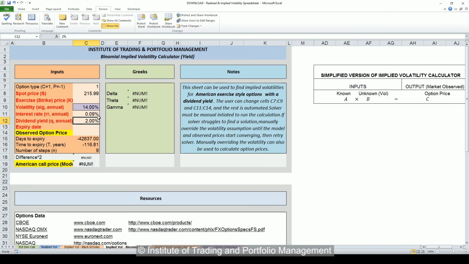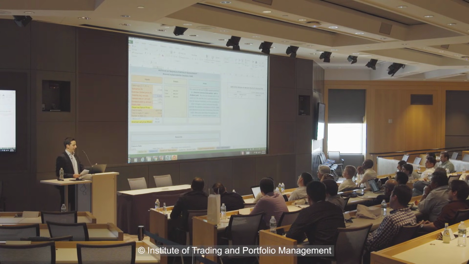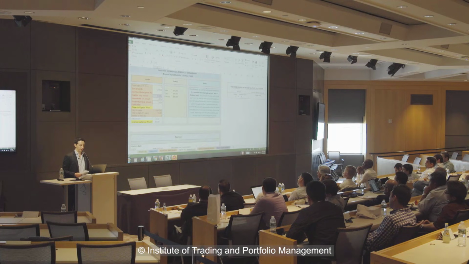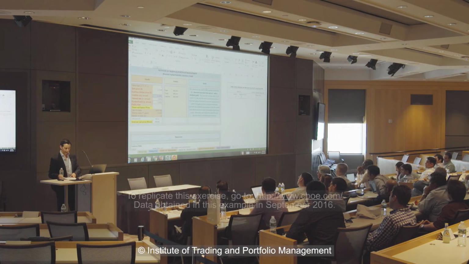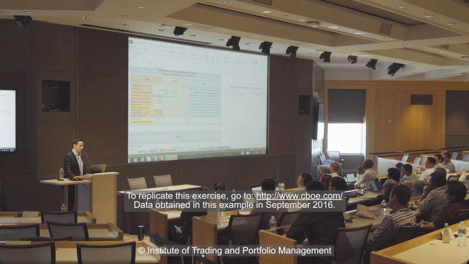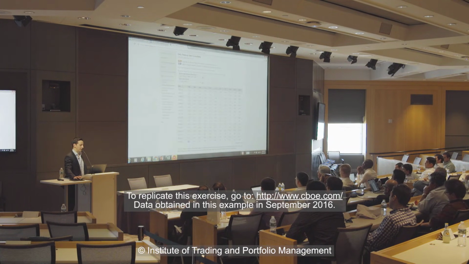So now basically we just need to find an option. That's all that's left. And when we find an option, we'll have the exercise price, the expiry date of the option, and the observed option price in the market. To find a relevant option, we go back to the exchange, which is the CBOE in this case.